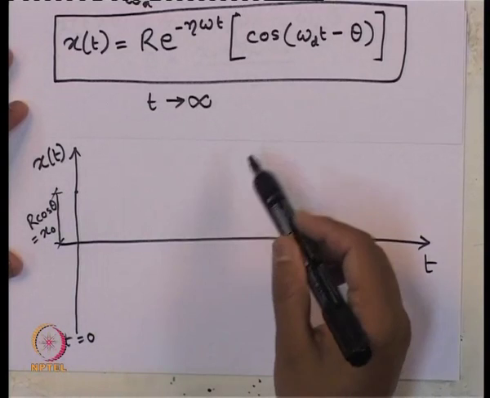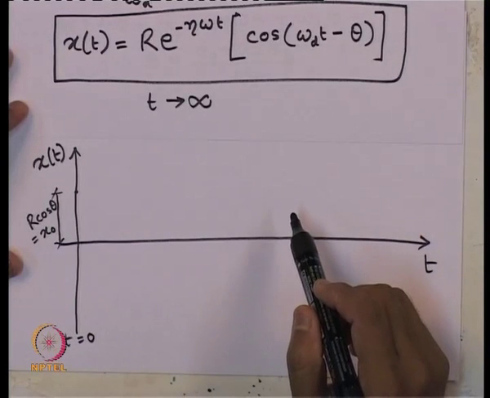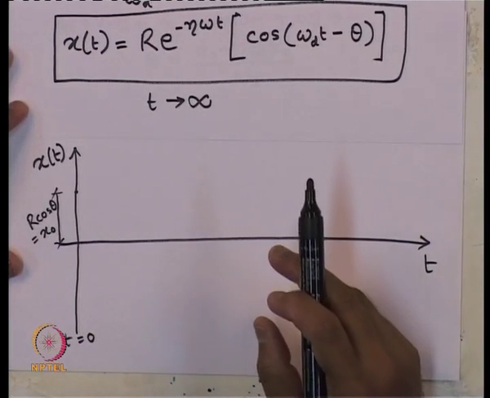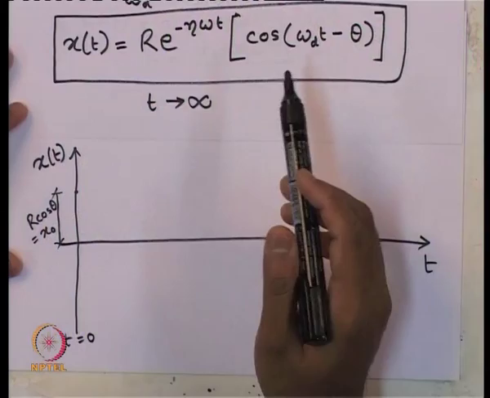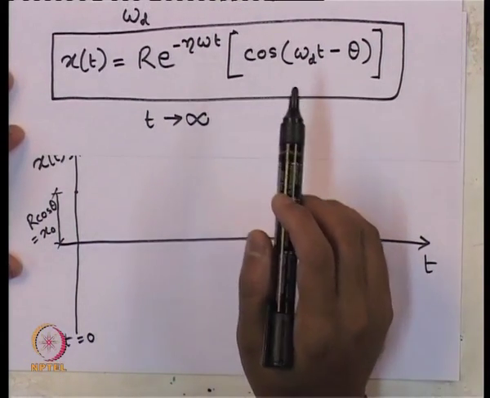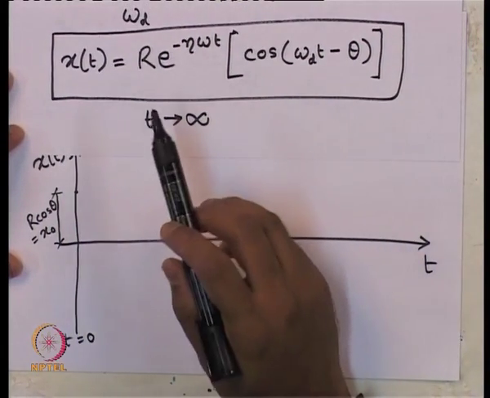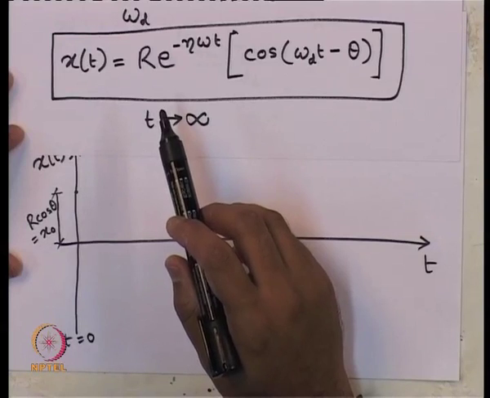It will be a harmonic variation, but the amplitude will not remain the same; it will keep on decreasing because of the presence of the exponential decay function. The combined effect gives us a harmonic function with an exponential decay of the amplitude.